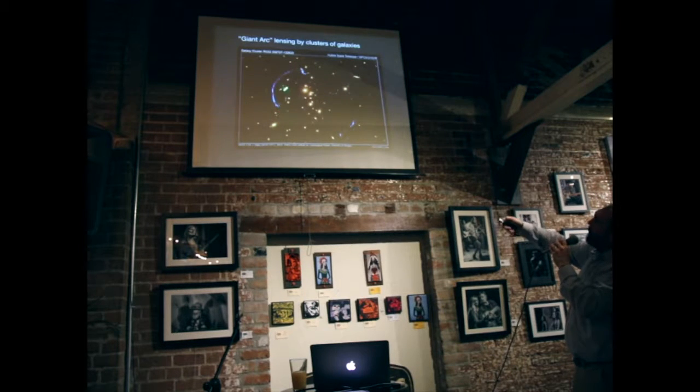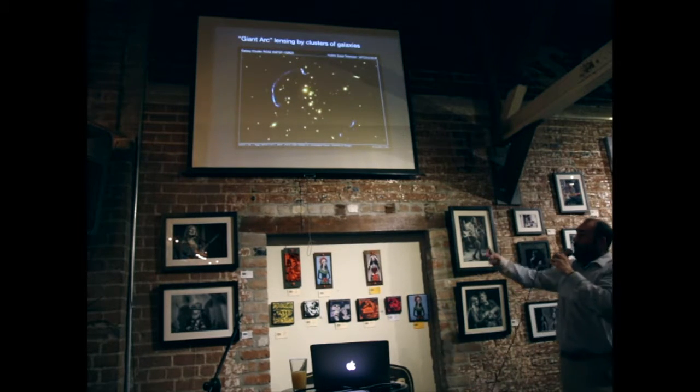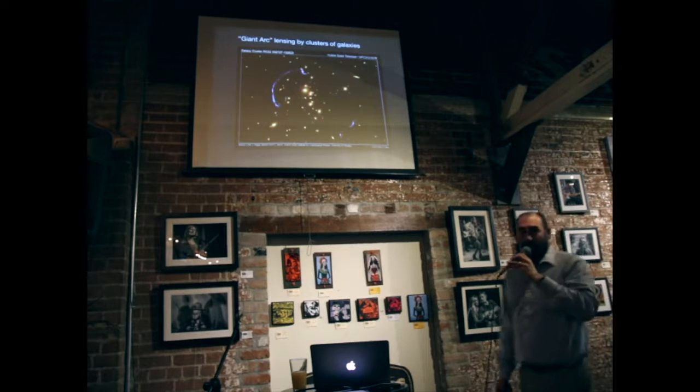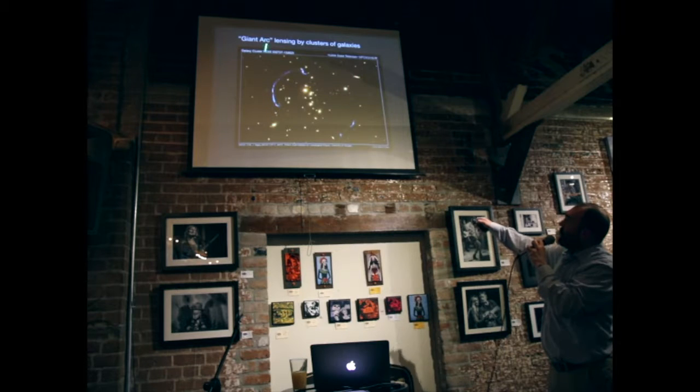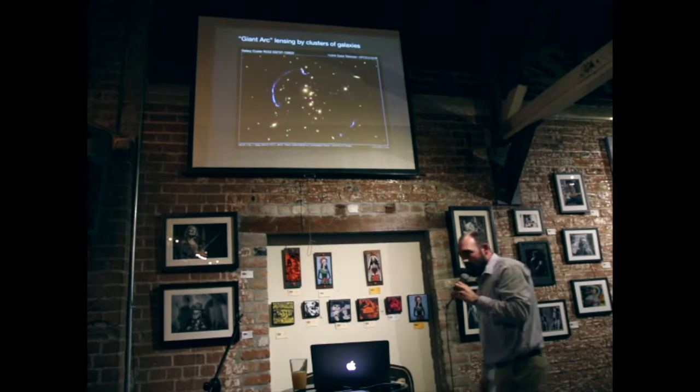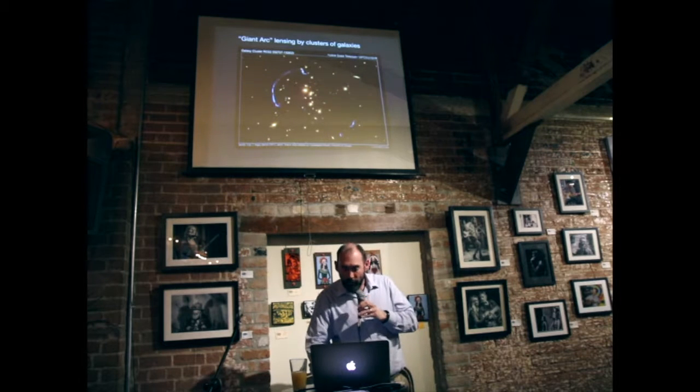We call it a giant arc. Another useful function of gravitational lenses is that they provide very magnified images of very distant galaxies. So it's a way of getting an additional boost of magnification to be able to see things that would otherwise be so far away and so faint that you wouldn't be able to study them. The price you pay is they're very distorted, but you can undo that distortion if you model the effect correctly.